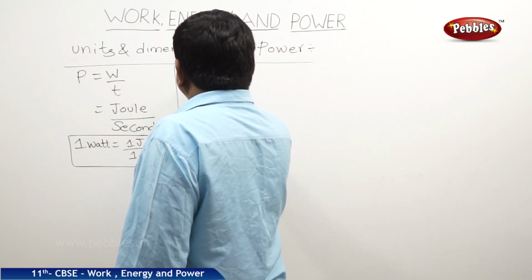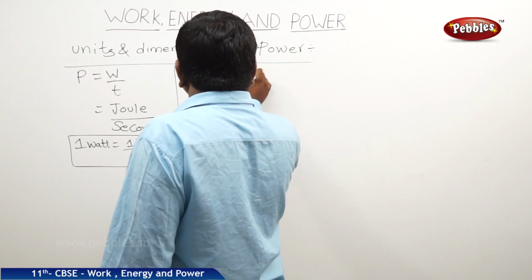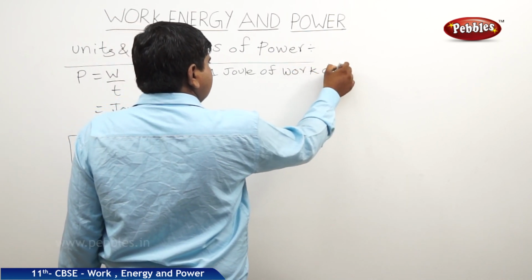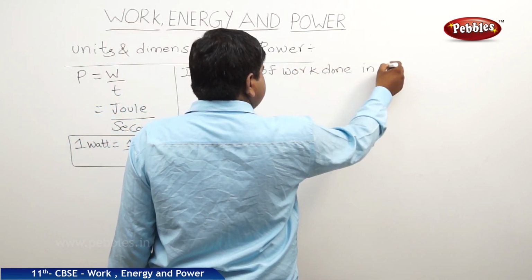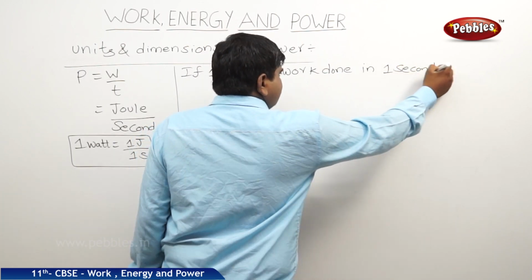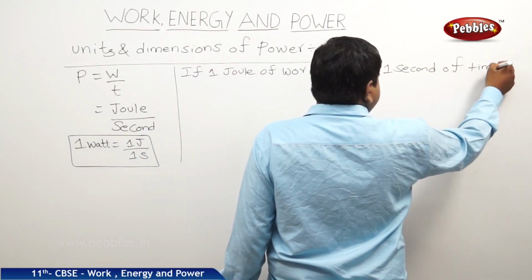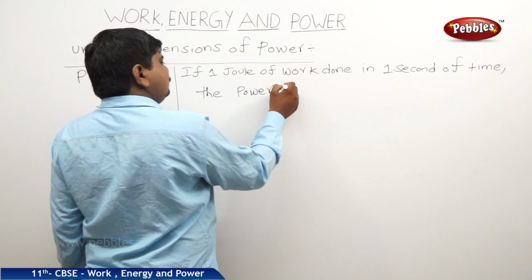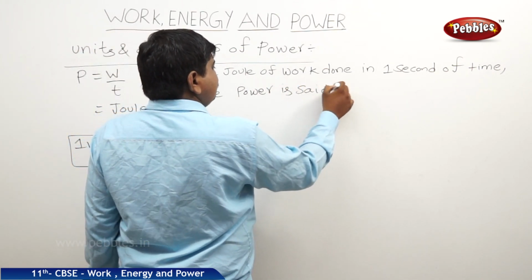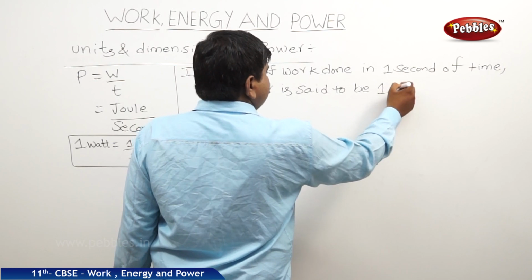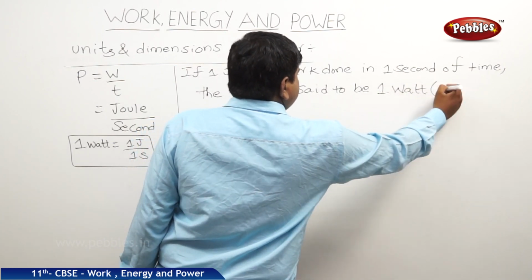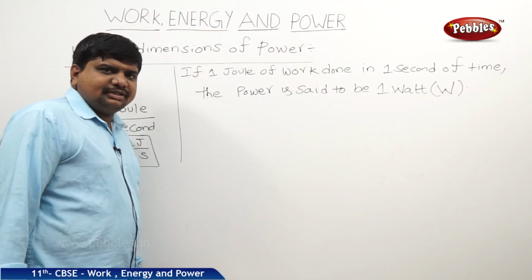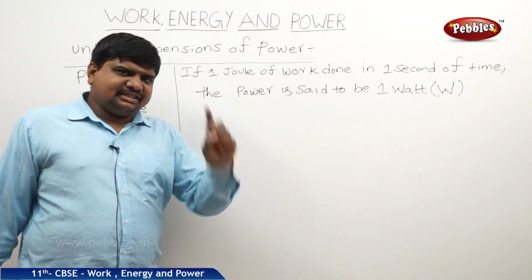If 1 joule of work is done in 1 second of time, then the power is said to be 1 watt. The symbol is capital W. This is the SI unit, as well as the CGS unit.